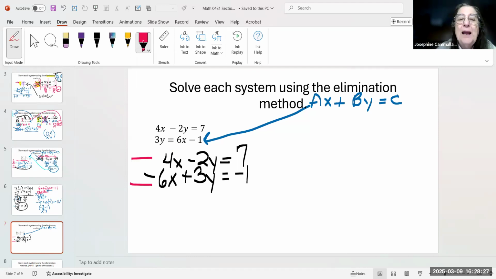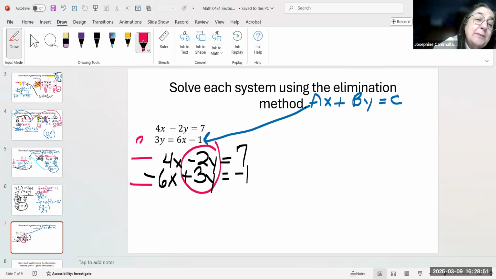Now, the beautiful part is you can make a choice. Both my x and y have a negative coefficient and a positive coefficient. But the key is the easier one is the y's, because the numbers are a little smaller.